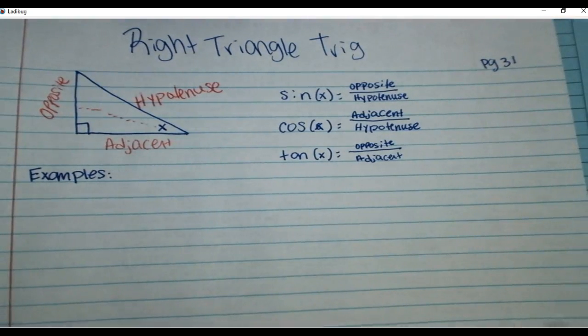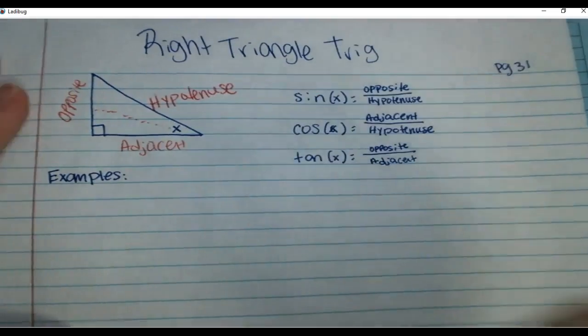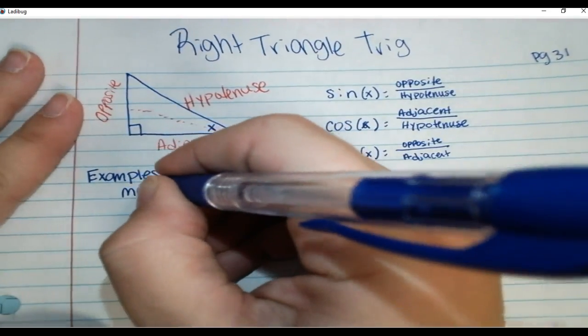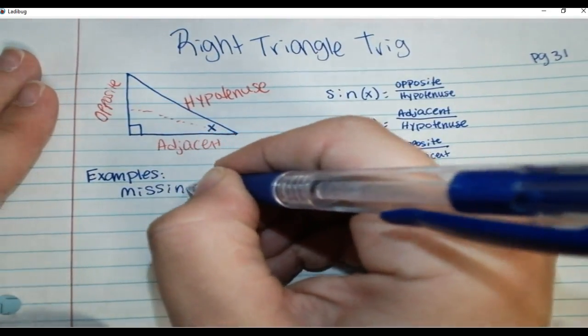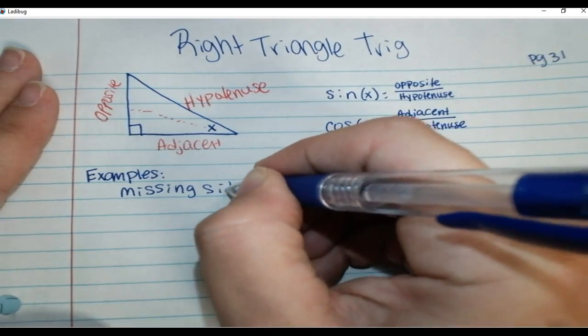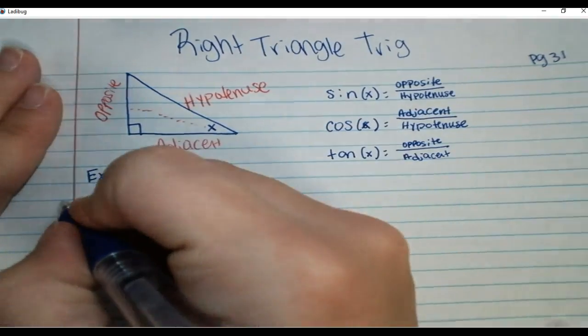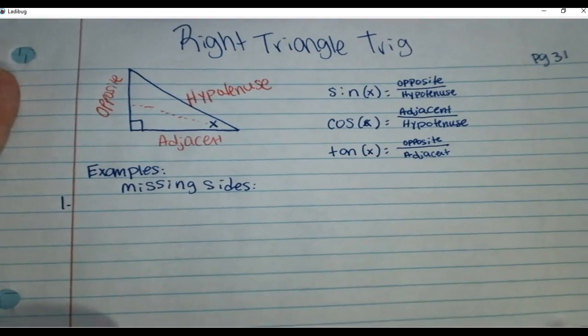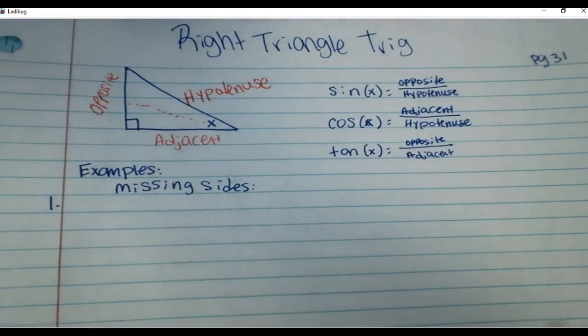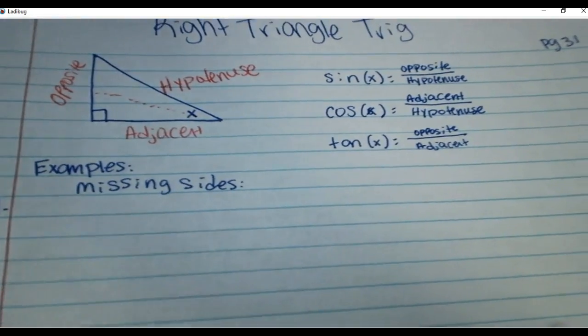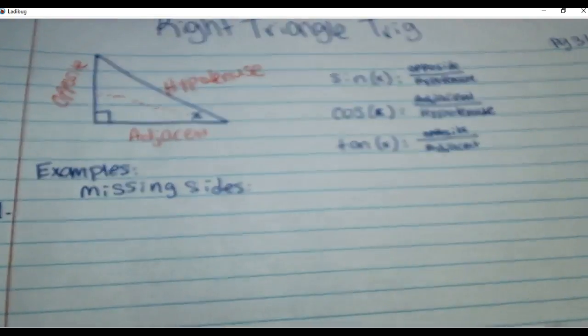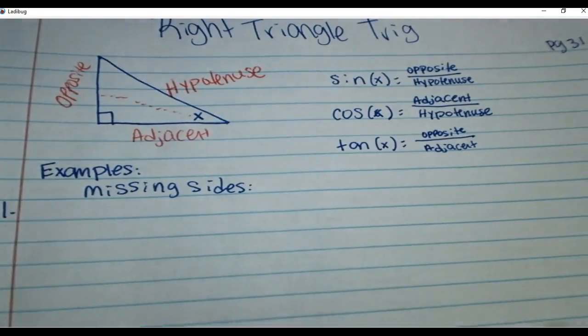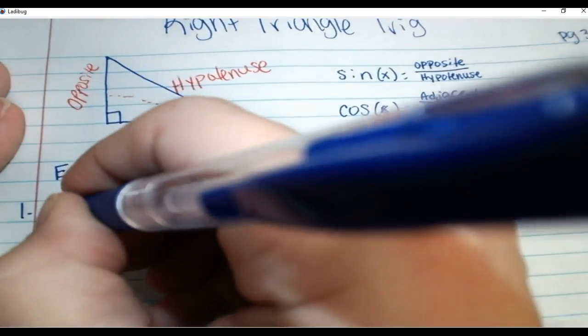So we're looking for missing sides and missing angles. Let's look at missing sides first. So let's say our triangle looks like this.